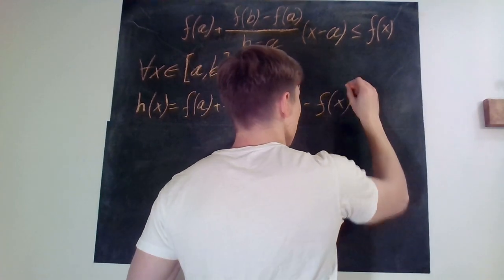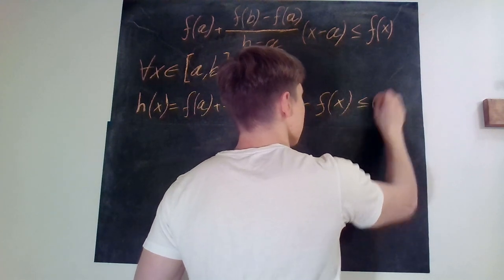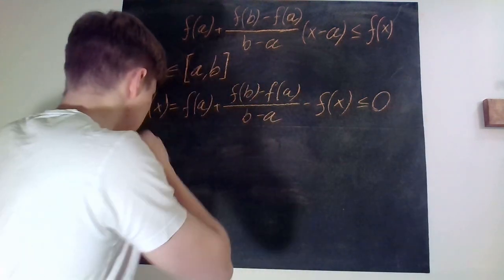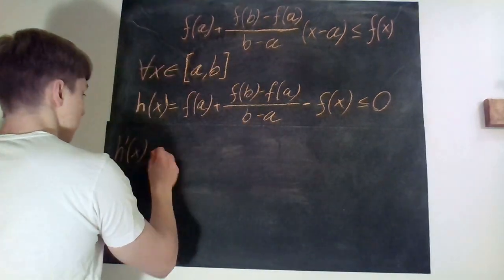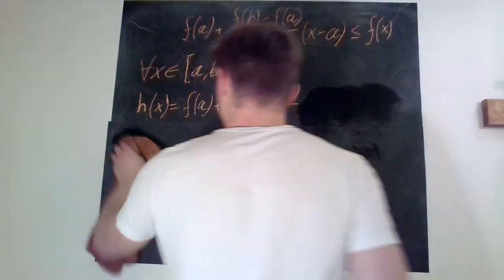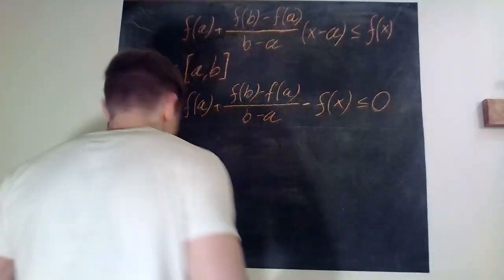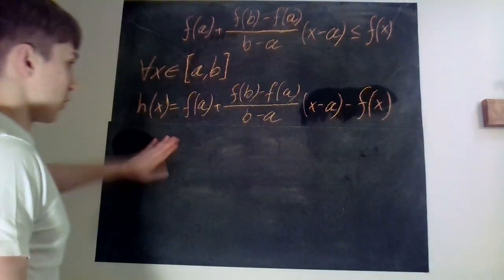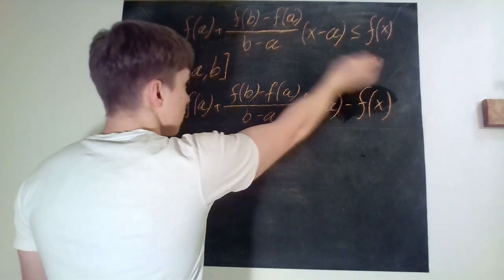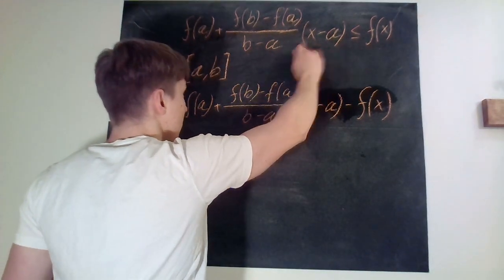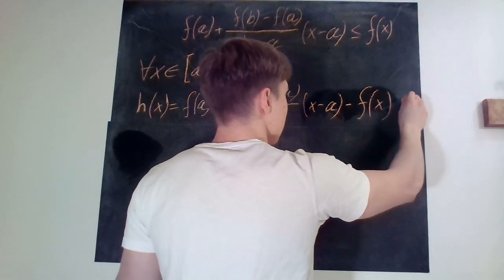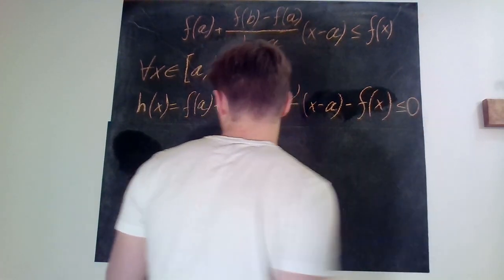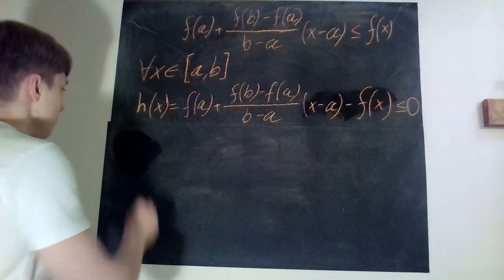And we want to show that this thing here is always less than or equal to 0. Oh, sorry, I forgot the times. So this is our help function now. I just moved everything onto the left-hand side, and we want to show that this is less than or equal to 0. So how do we do this?